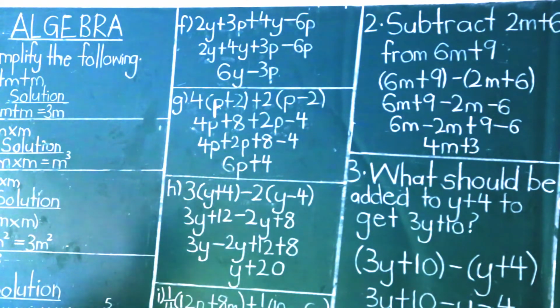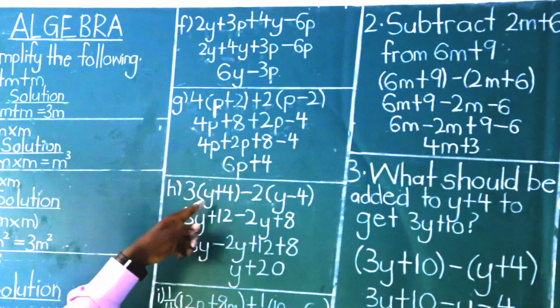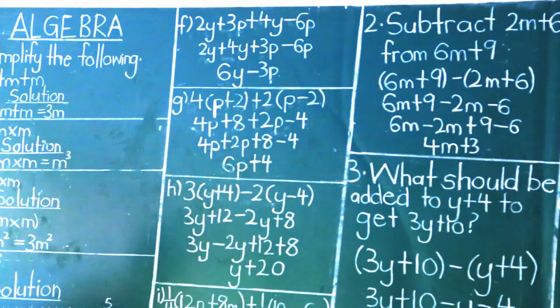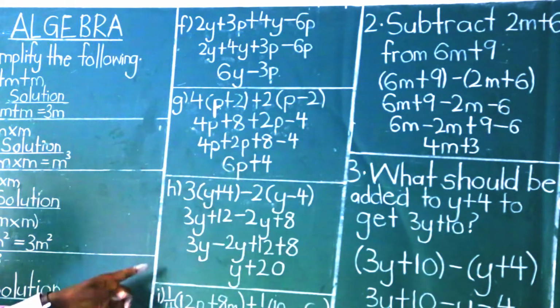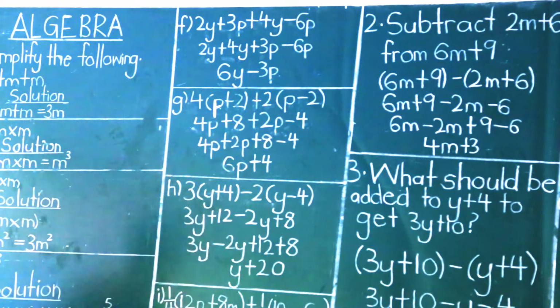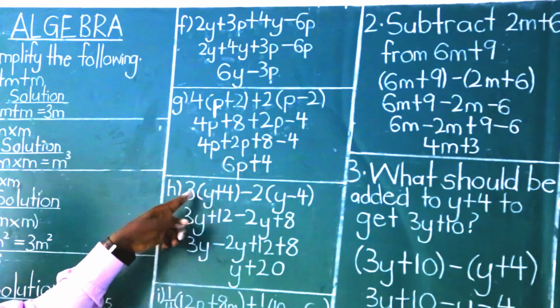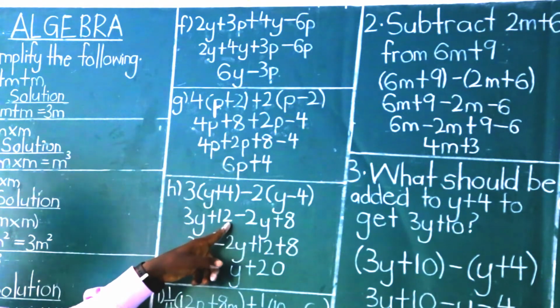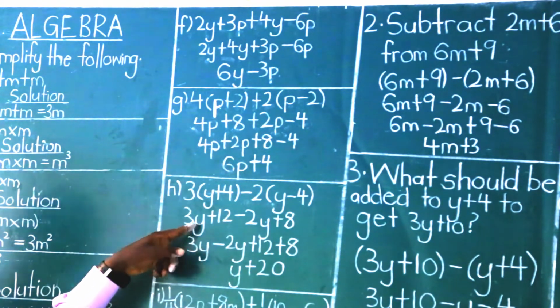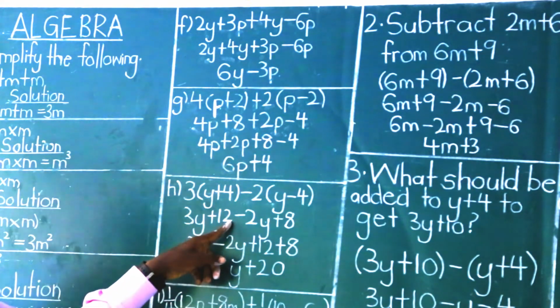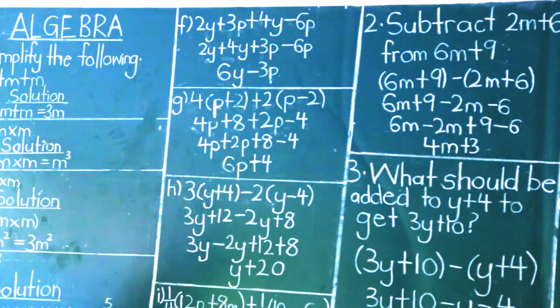Please remember that. And now we are going to open the brackets by multiplying and remembering that the positive opener maintains the sign inside the brackets and the negative does change every sign inside the brackets. So we multiply. 3 times y is 3y, 3 times 4 is a positive 12. So we get 3y plus 12, that is without brackets.